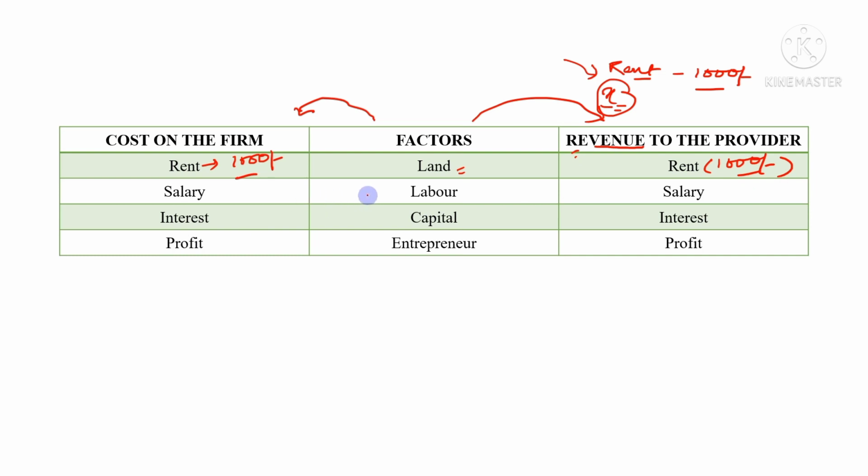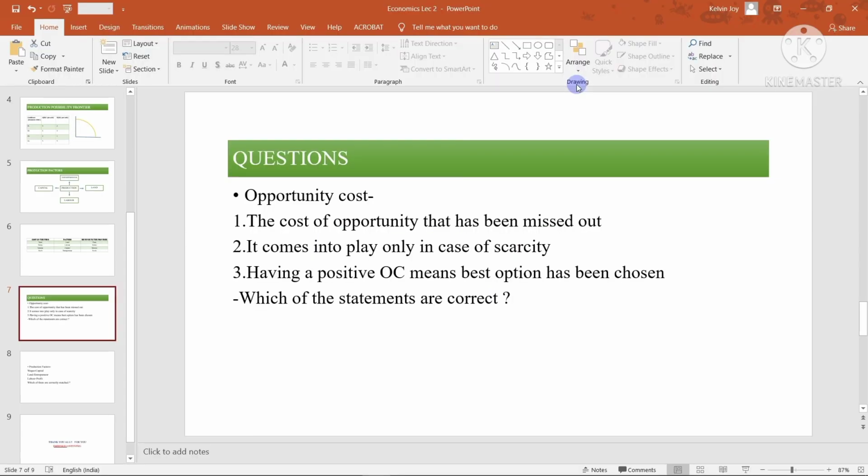Similarly, the salary of the laborers that the firm incurs will be revenue to the laborers working there. Similarly, with capital and the entrepreneur, the profit earned by the entrepreneur is the revenue to the provider, and here the provider is the entrepreneur only. So I think this is making sense now.